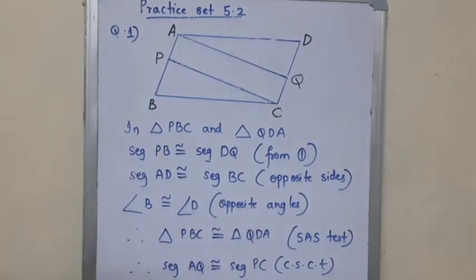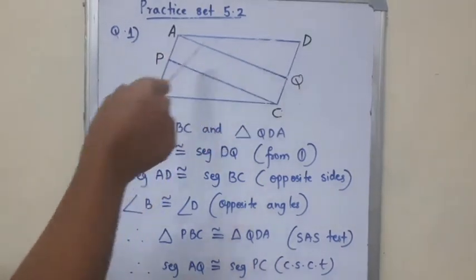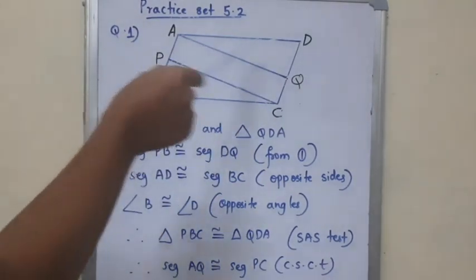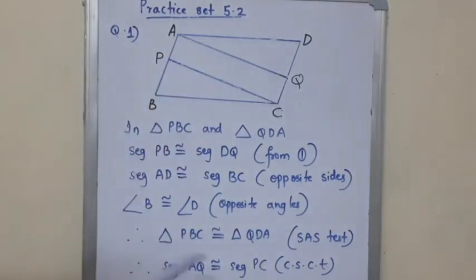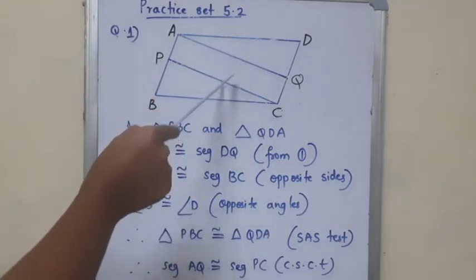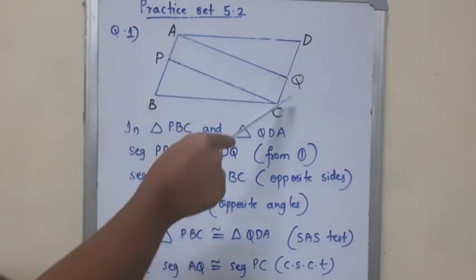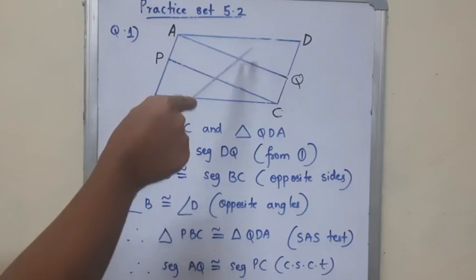If the triangles are congruent to each other, then corresponding sides of congruent triangles are also congruent to each other. Here we have corresponding sides AQ and PC. AQ is the side of this triangle, PC is the side of this triangle. Therefore, AQ and PC are congruent. AQ and PC are the opposite sides of quadrilateral APCQ, and we got they are congruent.